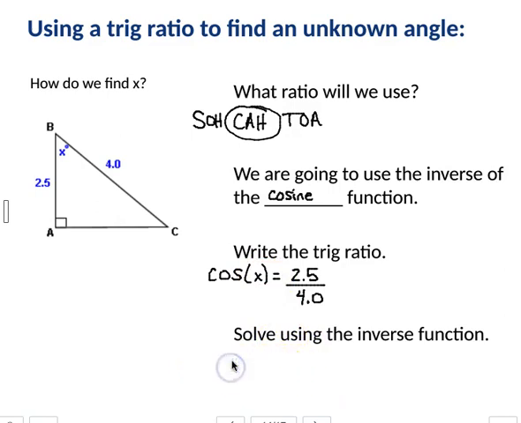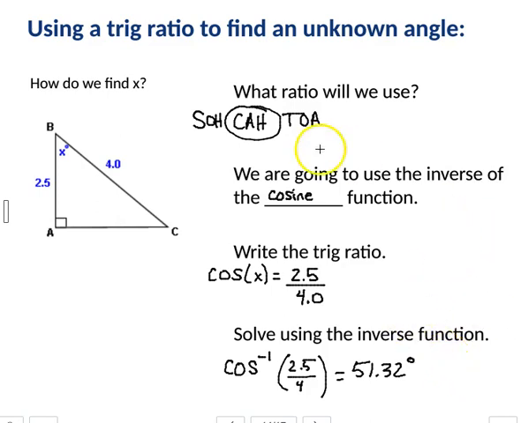We grab our calculators and type in second cosine to get inverse cosine, then 2.5 divided by 4. We're going to round to 2 decimal places. I get 51.32 degrees, and that's our final answer. A rule of thumb is when you're finding an unknown angle measurement, you have to use the inverse function key in order to find that missing angle.